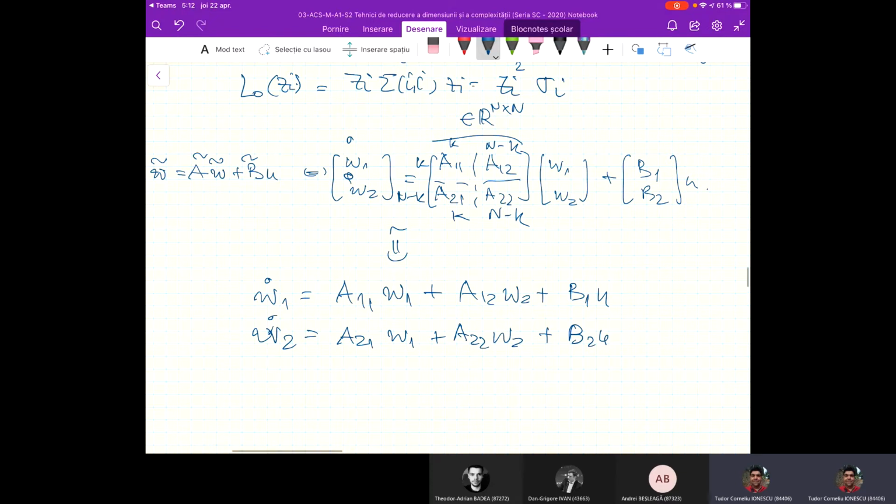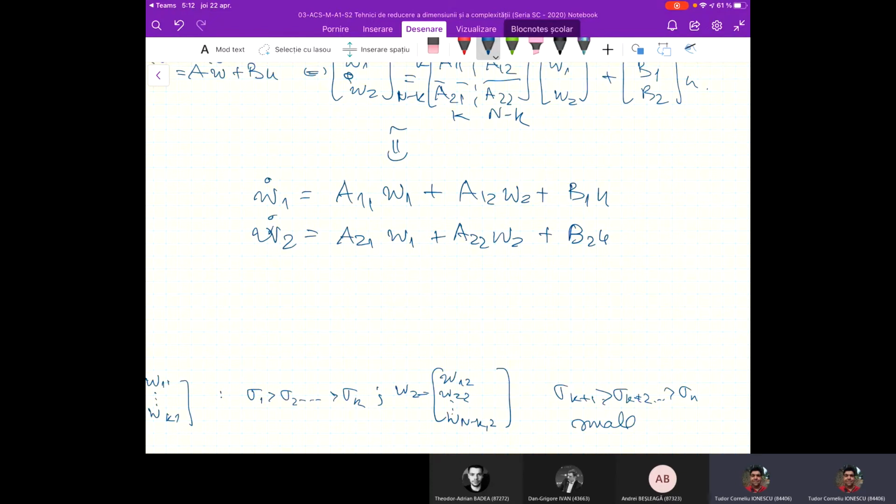And how do you do this? You neglect these terms. You set W2 to 0. So this equation disappears completely, and the reduced order model is given only by this equation.